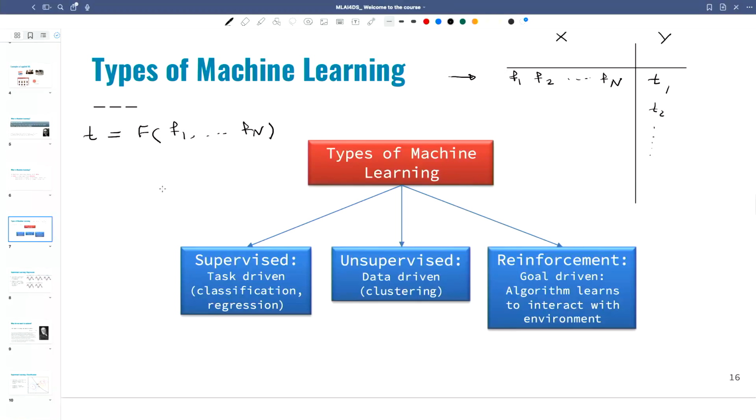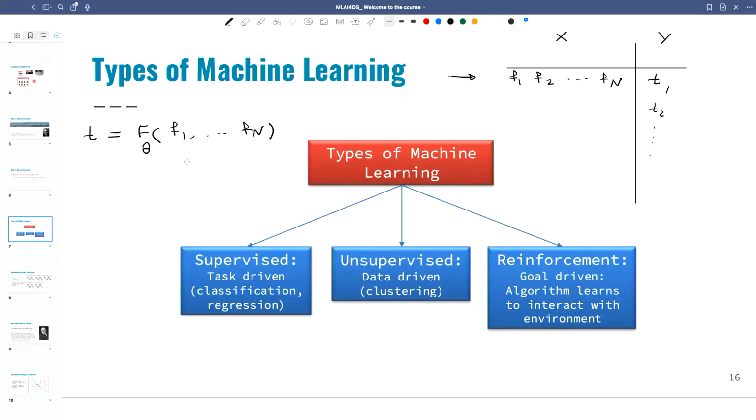It's a function that takes these features and maps them to the target T. And generally, this function has some parameters. So let's call them theta. Any function needs parameters. Like a linear function, it has the slope, and it has the intercept, where the line crosses the y-axis.